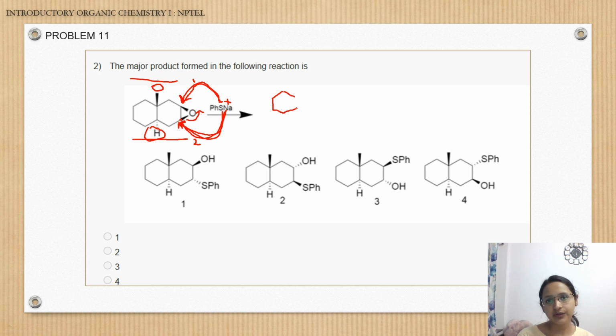Let me write it so that it could be visible to all of you. Now, if the C-O bond is cleaving from this side, you will have this OH, and C2 attack is going to take place from the nucleophile. From the back side, I have told you, because the front side is substituted, and here you have a methyl. Now tell me what is the correct option.